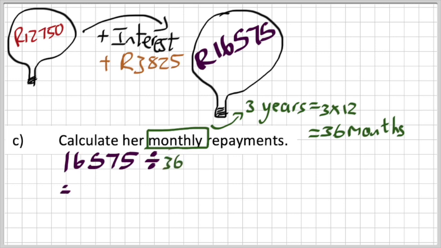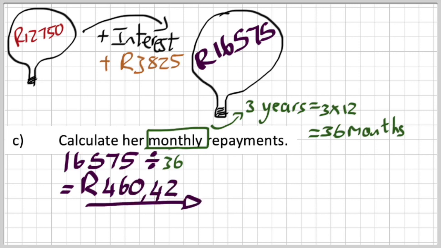So I'm going to then say that 16,575 divided by 36. So that is 460 Rand and 42 cents. So every month you are going to let out a little bit of air out of your big balloon.